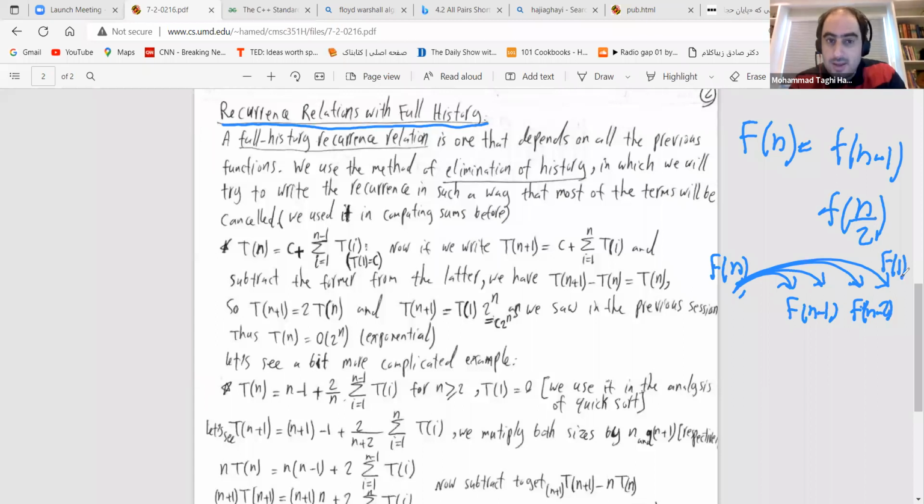This is called a full history recurrence relation. And the way to solve this one is a technique called elimination of history.